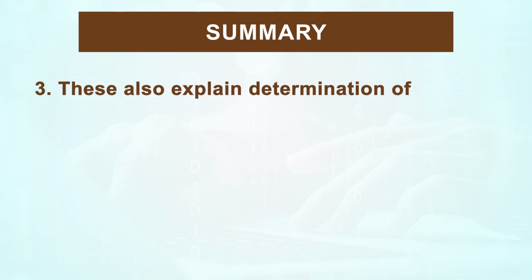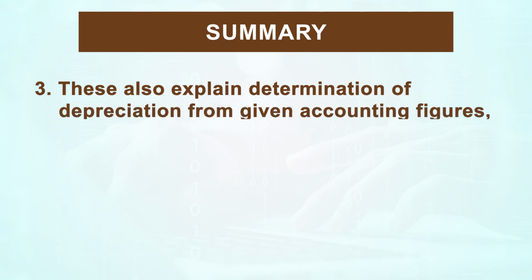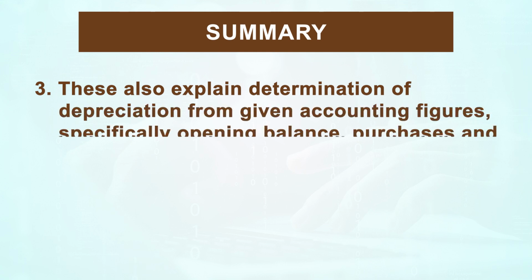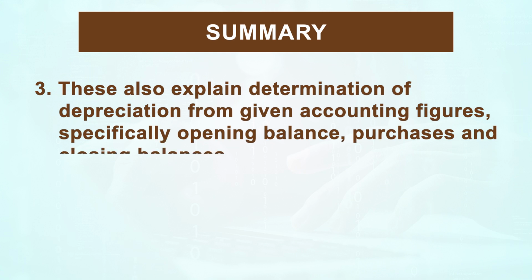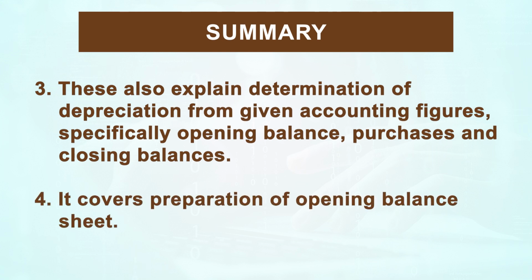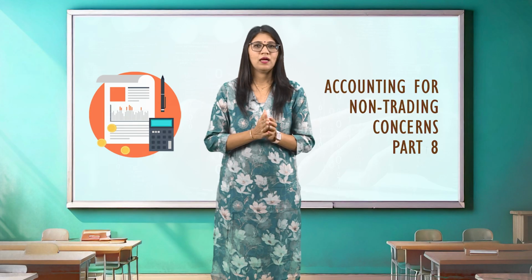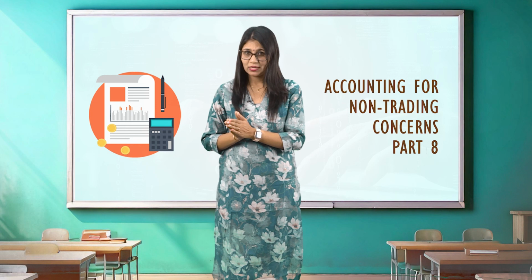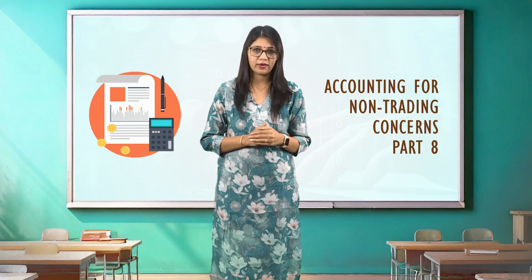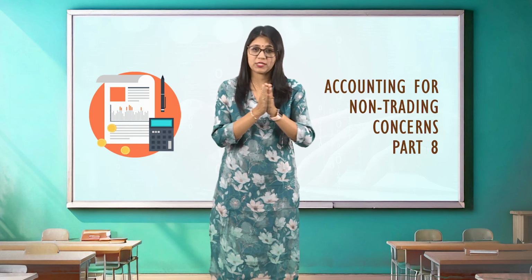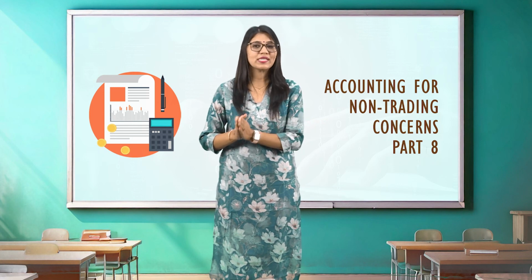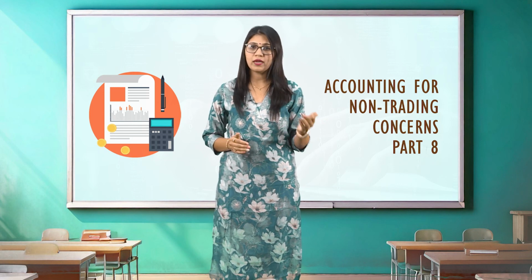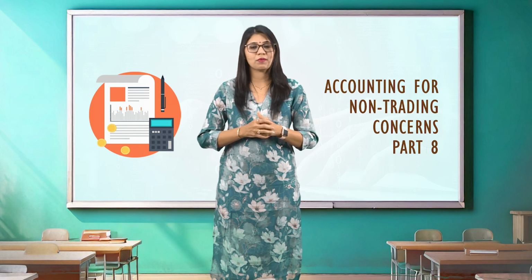Next, these also explain determination of depreciation from given accounting figures, specifically opening balance, purchases and closing balances. It covers preparation of opening balance sheet. In part 9, we will see some other illustrations where you are provided income and expenditure account and receipt and payment account, from where we will prepare opening and closing balance sheet.